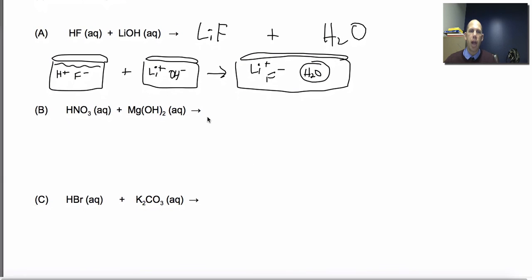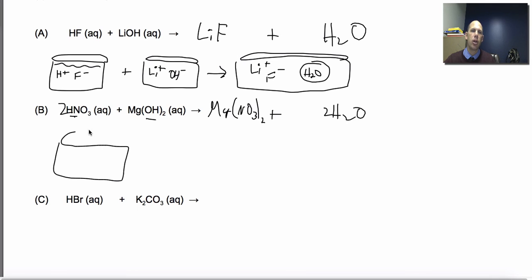All right, let's balance the reaction here. In this case, again, we're going to make H2O. But because Mg is 2 plus and NO3 is 1 minus, it's going to look like that. And I'm going to do that to balance it. Okay, so in this case, I have 2 H pluses floating around and 2 NO3 minuses floating around.